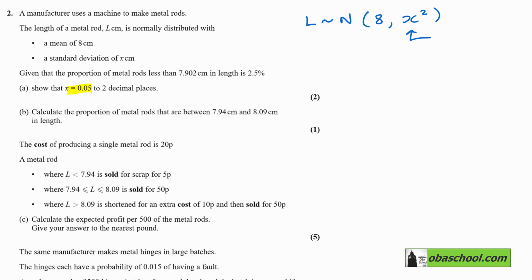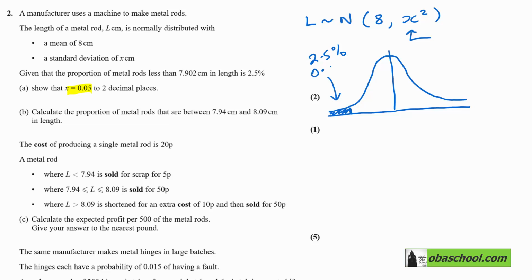Well, let's consider that this is the standard normal. And what we want is the z-score here when this area is 2.5% or 0.025 as a decimal.